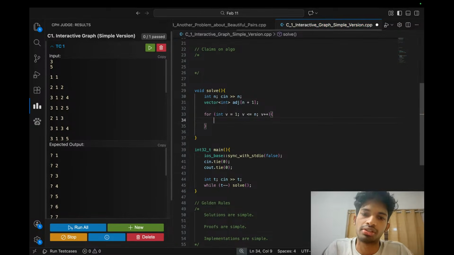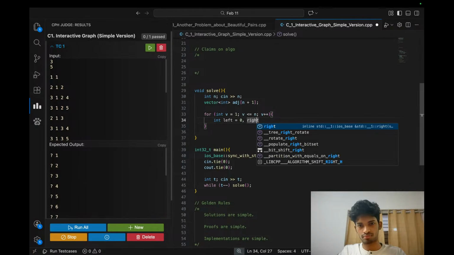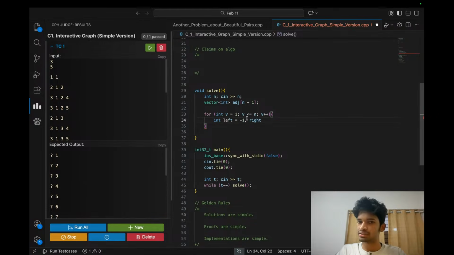We'll do binary search. Paths less than this, paths greater than or equal to this.